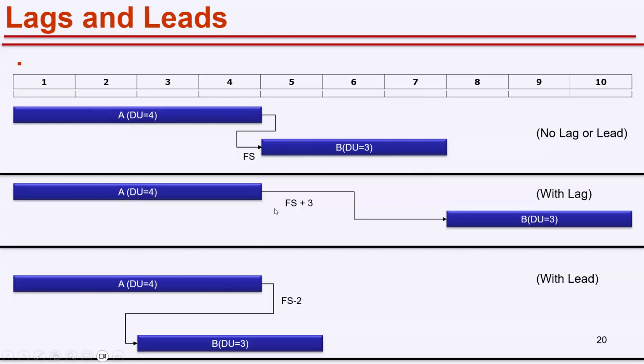Next, we are seeing two activities A and B with the same duration, but the relationship is FS plus 3. What is plus 3? There is a lag, meaning finish A in 4 days, 5, 6, 7 is waiting time, then start B on day 8, duration is 3 days, so 8, 9, 10, in 10 days you will finish A and B. Next, FS minus 2, negative value is lead, so finish A in 4 days, but 2 days before, you can start with activity B. So on day 3, you will start with B, so A and B will finish in 5 days.